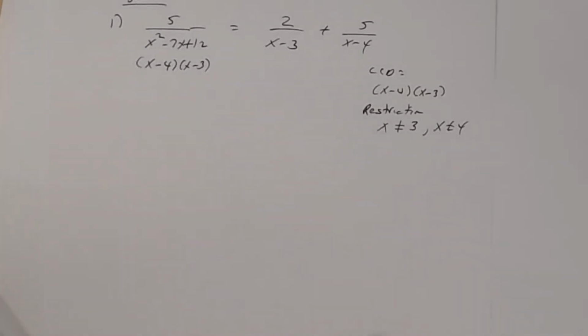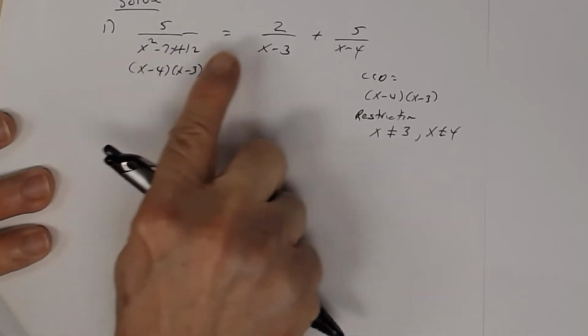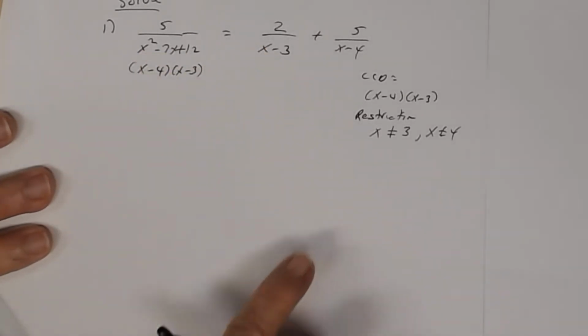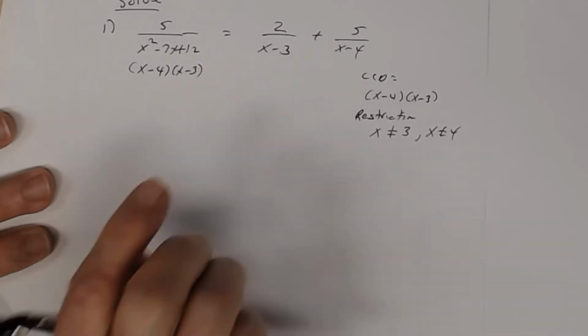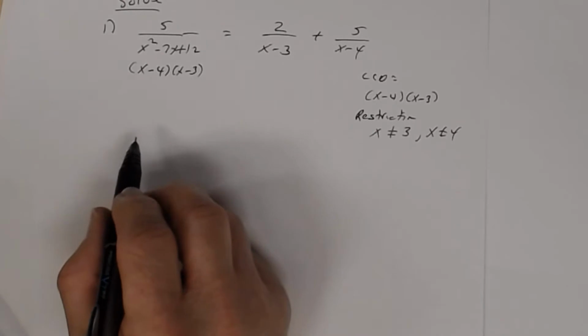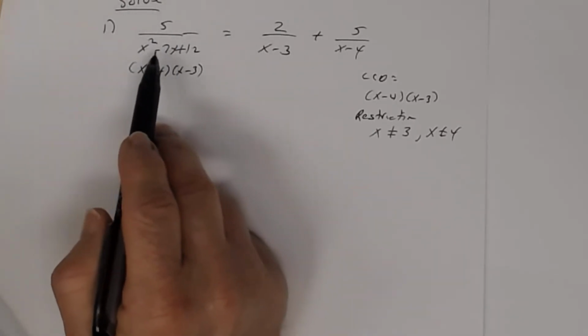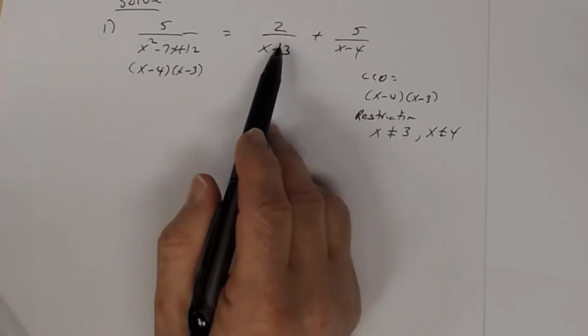Once you find the least common denominator and once you find the restrictions, the next step is to multiply both sides by the least common denominator. And remember, the whole point of multiplying by the least common denominator is to clear those fractions. So you're going to end up with factors of 1, and you're going to see that as we go through the process. All right, so the left-hand side is just one rational expression, and the right-hand side is 2.